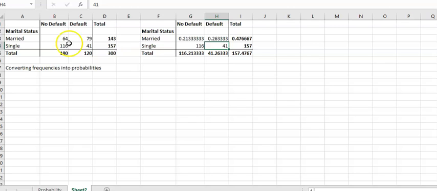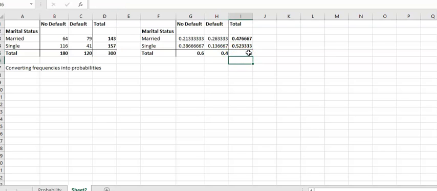So the probability of a customer being married and not defaulting on the loan is 0.2133. Similarly, the probability of a customer being single and not defaulting on their loan is given by 116 divided by the total 300, so 0.386. And finally, the probability of being single and defaulting.